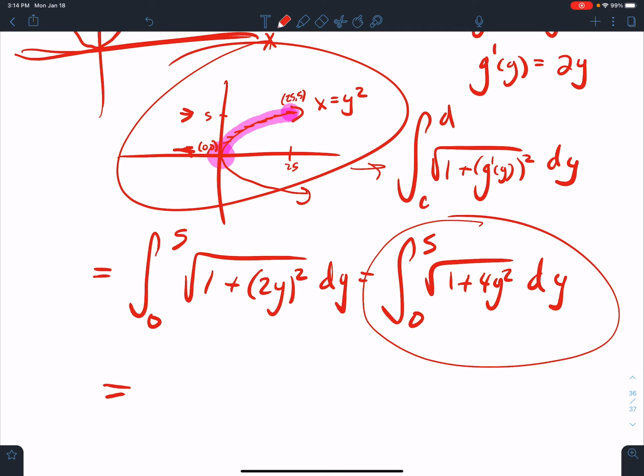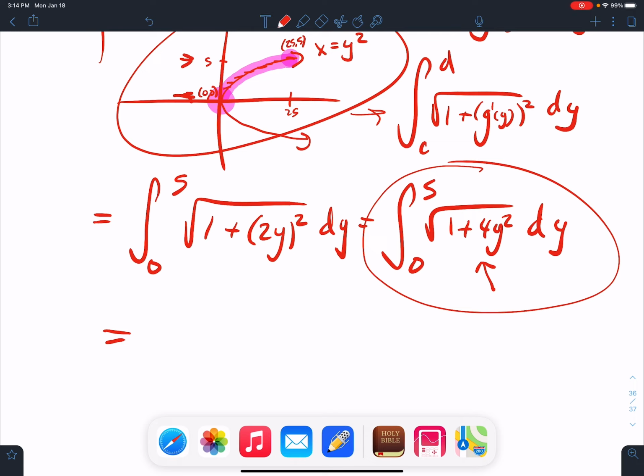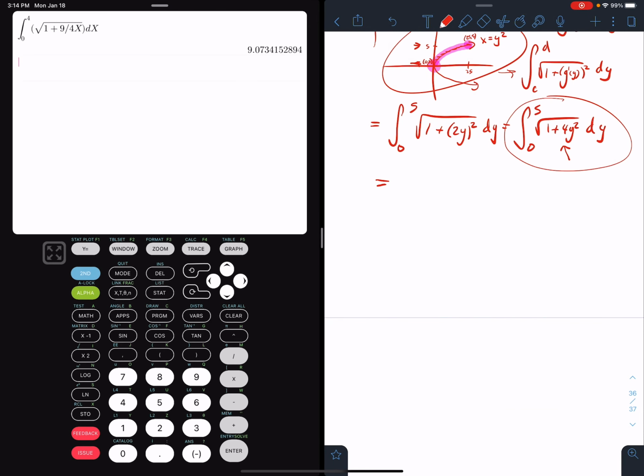Now, if you wanted to, you could use trig substitution to do this by hand, but if you have a calculator, why bother, right? So calculator says math 9, 0 to 5, square root of 1 plus 4.